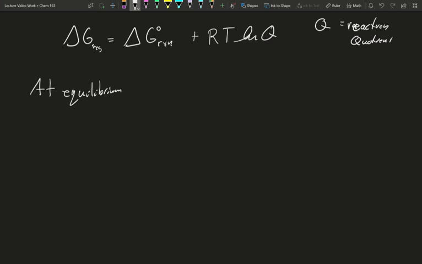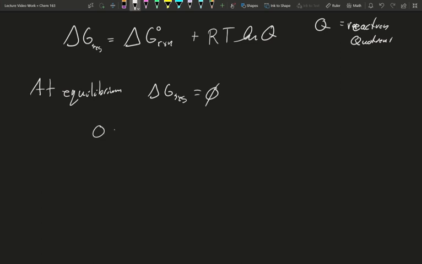If you're at equilibrium, you must have reached the point where you have no more free energy. Neither direction will be favored. If my free energy was positive or negative, I'd favor one direction or the other in the reaction. But if it's zero, then I won't change my concentrations any further. And this is what it would be like at equilibrium.